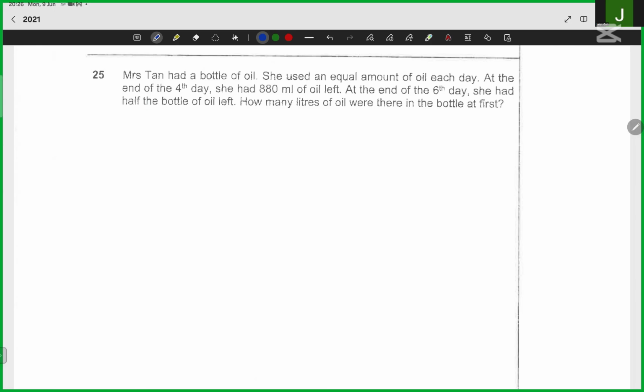Now, the key to solving this question lies here. Okay, and here. If I use equal amount every day, but at the end of the 6th day, I have half the bottle left, what would that mean? Okay, 6 days, I use half the bottle, right?